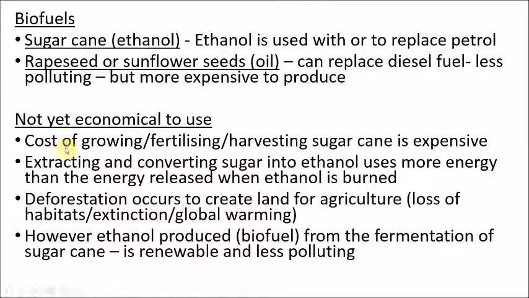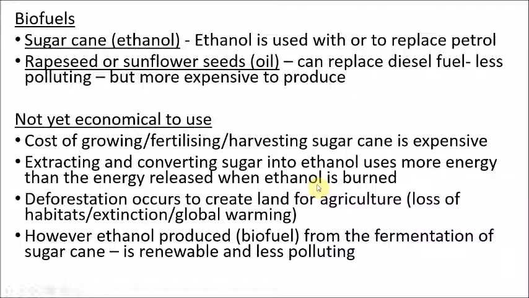It costs a lot of money to grow the sugar cane or the sunflower for the seeds. Fertilizing them, harvesting sugar cane is expensive. Also, when you extract and convert the sugar into ethanol, that uses quite a lot of energy. It uses more energy than is actually released when you burn the ethanol later on to use in the cars.